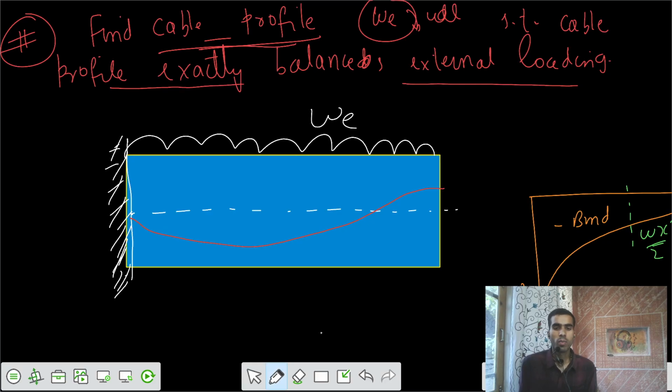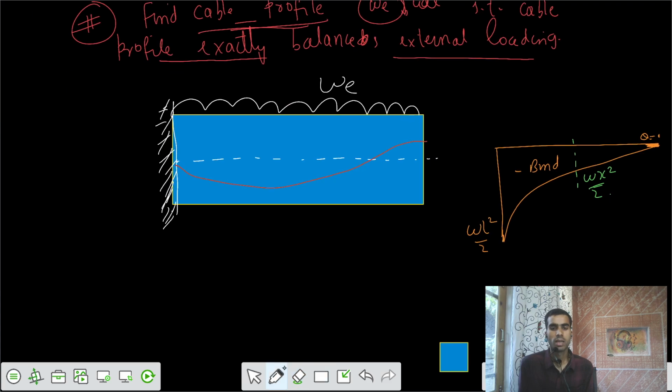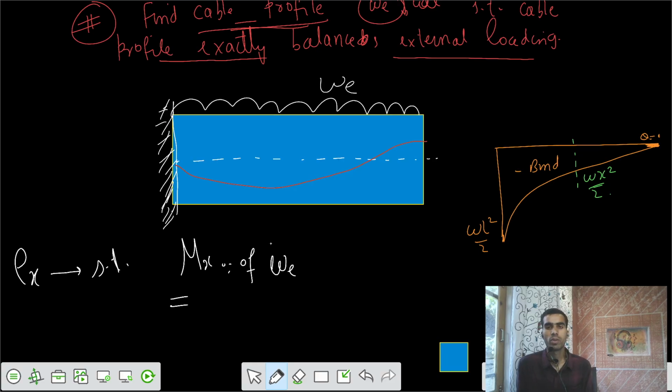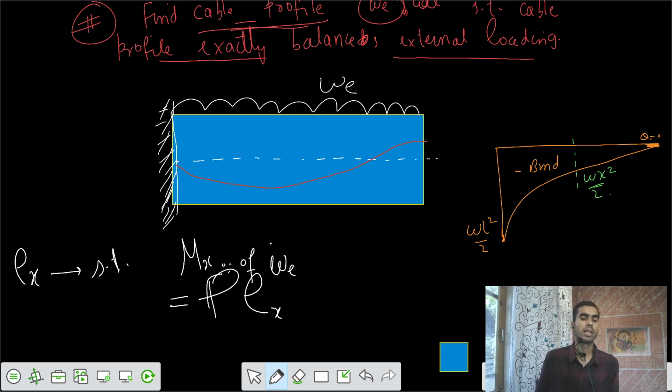The solution can be started from this statement: the eccentricity at any x should be such that the moments caused by the external loadings at that section are equal to the moment caused by the eccentricity of that cable at that location.